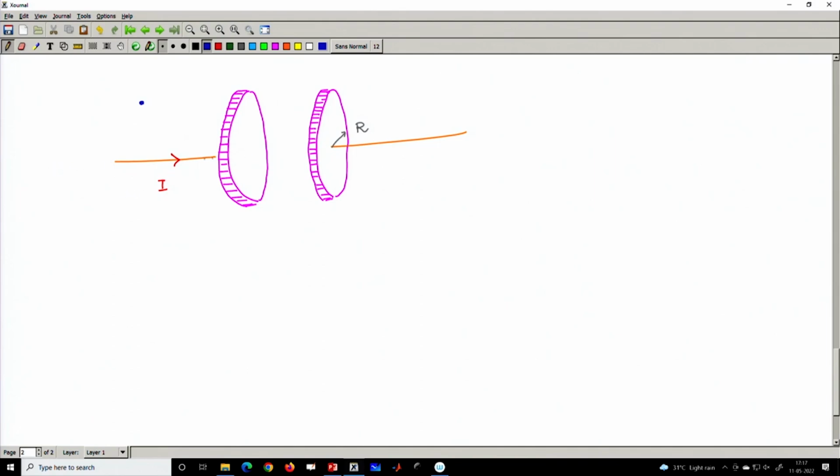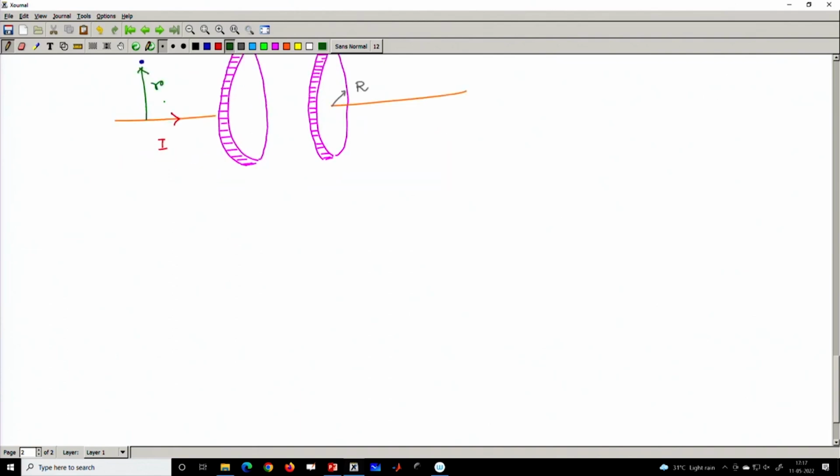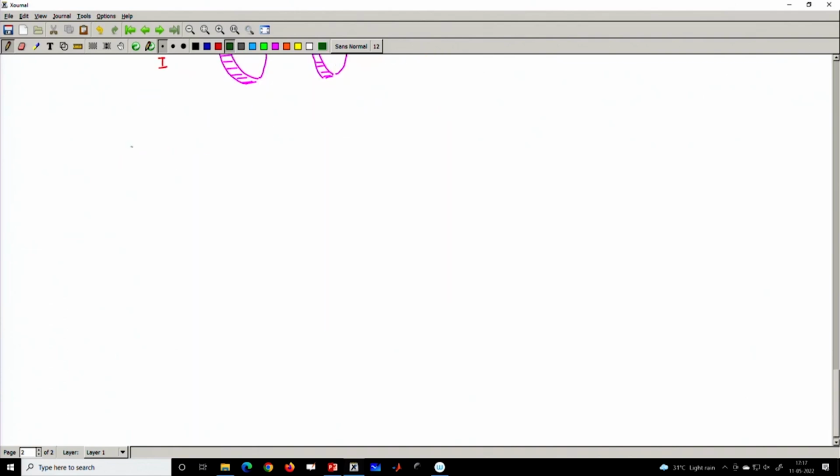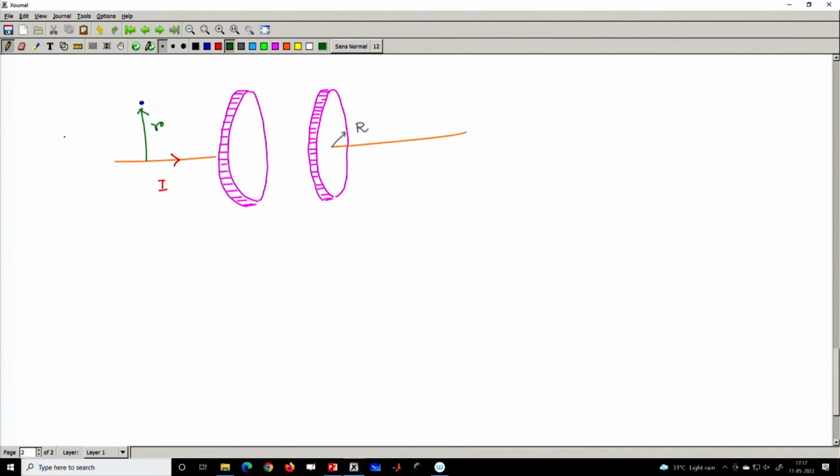We know that a current carrying wire produces some magnetic field around it, and if this distance is r, what should be the magnetic field produced in this region? Suppose this is my point P.